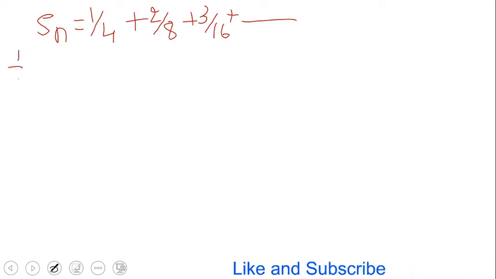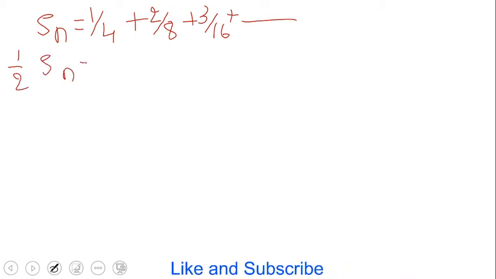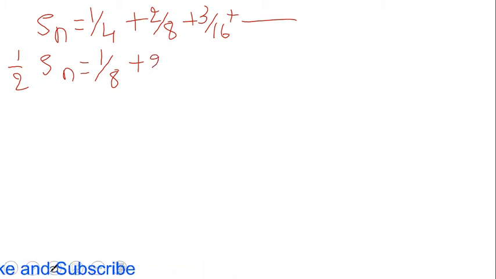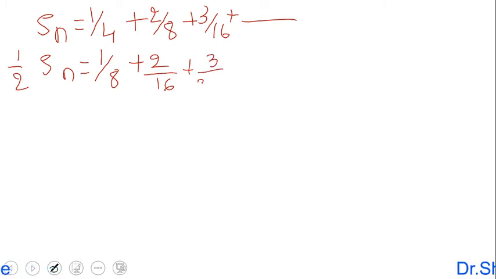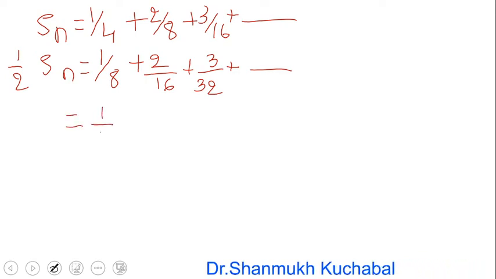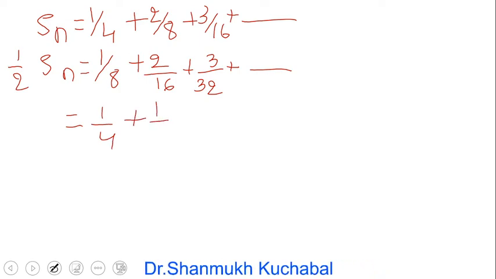So we multiply by 1 by 2, and we get 1 by 8, next 2 divided by 16, 3 divided by 32, plus so on here. Then we will simplify. On the RHS we get 1 by 4 plus 1 by 8.